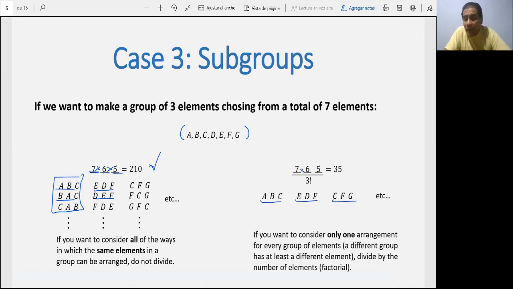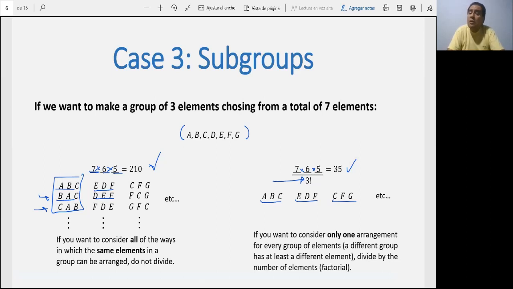Okay, after you have calculated the number of different subgroups, including those same subgroups in a different order, you want to eliminate the number of repeated subgroups, such as in this case, these and these, etc. So since a trio of elements can rotate the positions in 3 factorial ways, that is 6 ways, then you divide by 3 factorial in order to remove those repetitions, and you get to the number of subgroups with that characteristic, 35.